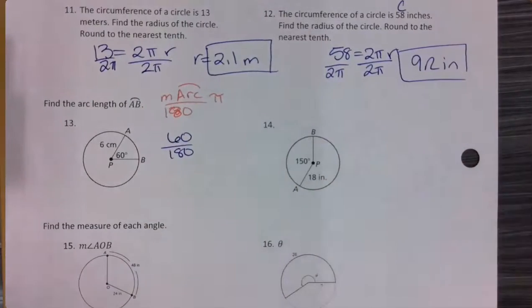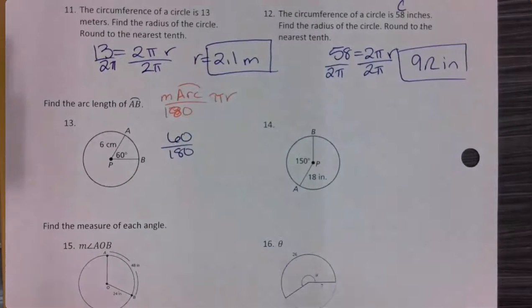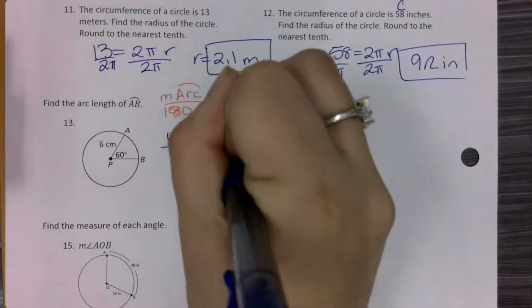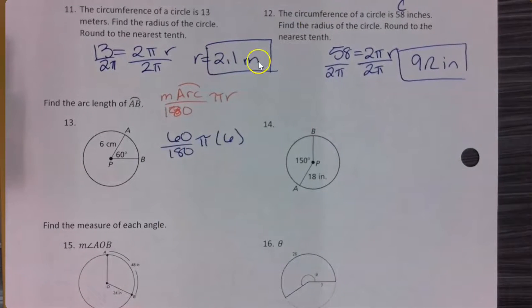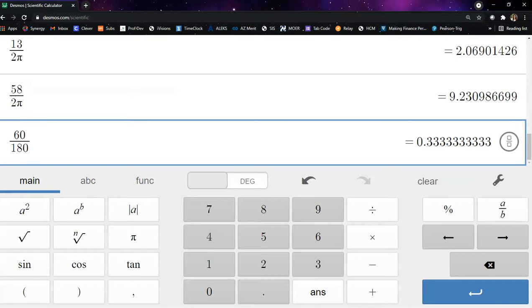Ooh, I forgot my radius. So I'm going to have pi times my radius of 6. And then I can go ahead and type this into Desmos. I'm going to have 60 over 180, and then this should be times pi. Oops, why did it stop typing? Pi 6, which gets me 6 point, I'm going to round to 2 decimal places, 6.28 centimeters.